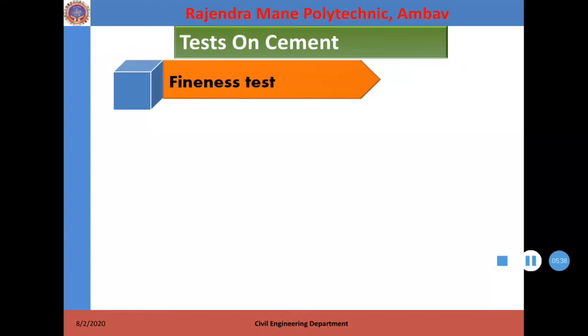Fineness has an important role in the rate of hydration, the rate of gain of strength, and also the rate of evolution of heat. Finer cement offers a greater surface area for hydration and hence a faster and greater development of strength. Different cements are ground to different fineness.